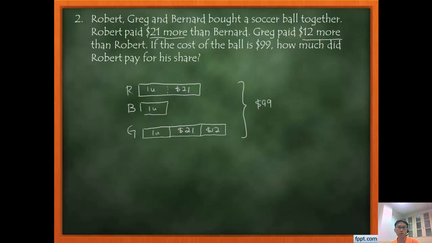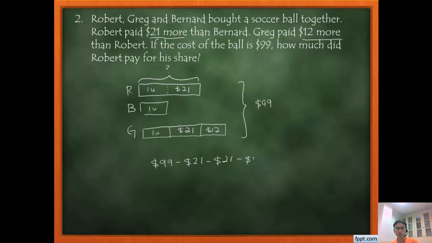So how much did Robert pay? What I'm looking for is this part here. I need to find what is 1 unit. But I cannot have all these extra parts here because these extra parts aren't 1 unit, so I will get rid of them. I minus off the 21, minus off another 21 because I got 2 21s, remember?